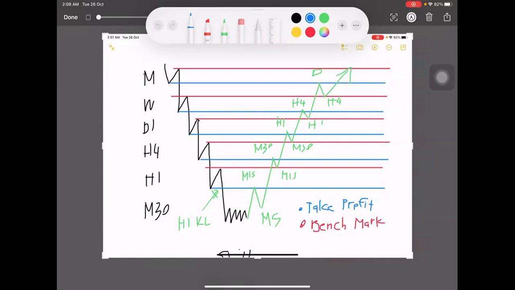Price will now move to daily key level, and we'll check for our setup in H1 for daily key level, and price will now move to H4, and we'll check M30 for our setup in H4. Price will now move to weekly key level, and we check for setup in H4 for weekly key level, and price will now move from H4 to daily, and we will now check H1 for our setup for daily key level.